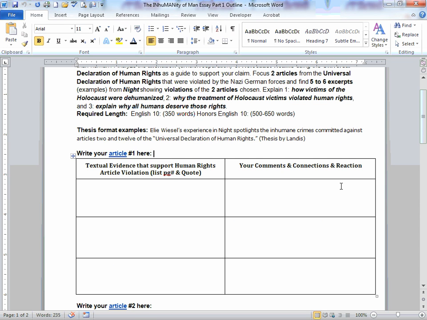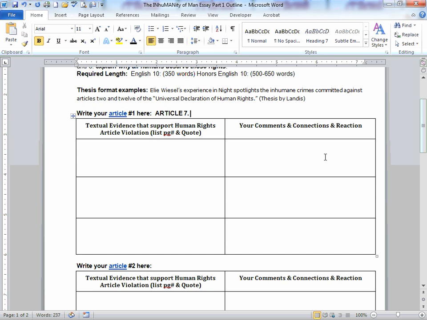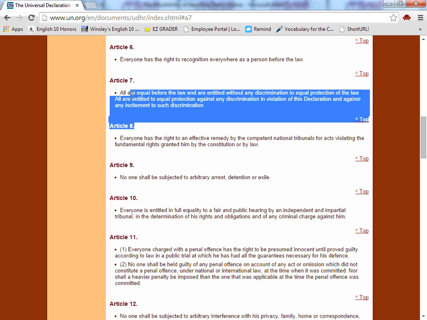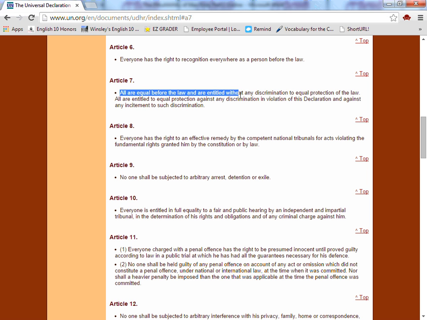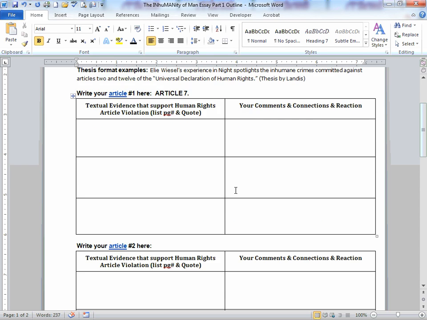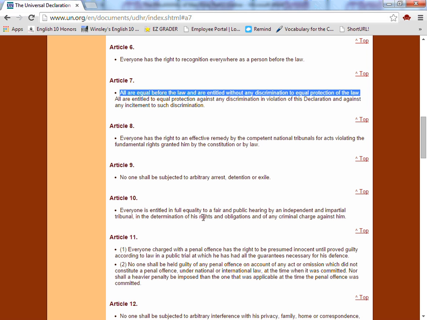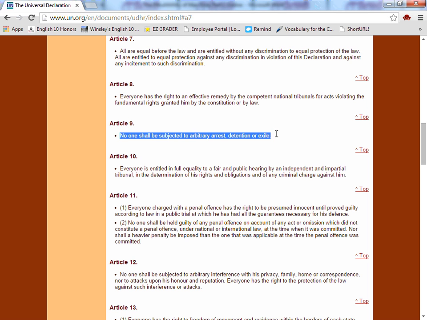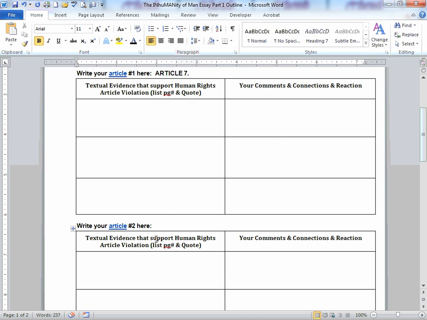So I have Article 7. So now Article 7 states all are equal before the law and are entitled without any discrimination to equal protection of the law. It's actually a great one. So let's say I had to do 2. No one shall be subject to arbitrary arrest, detention, or exile.